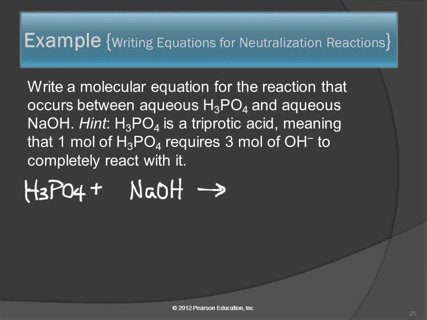Neutralization reactions can be treated as double replacement reactions because really that's what they are. In a double replacement reaction, we would take each of the reactants and break it into the ions. Do you remember this? And we would write the ions with their charges underneath. So what two ions are present in H3PO4? Hydrogen and phosphate.